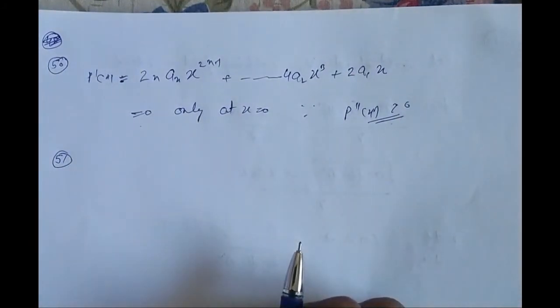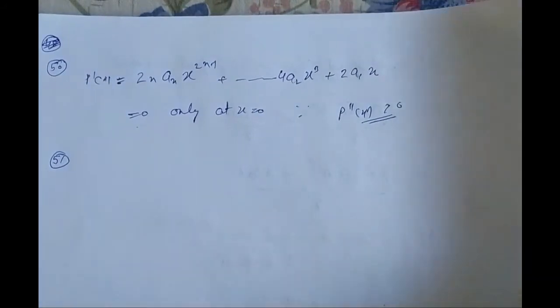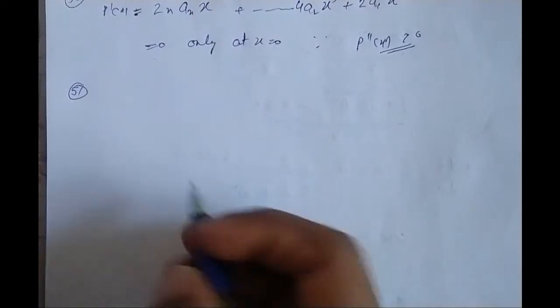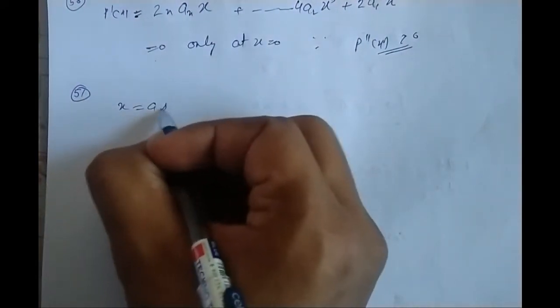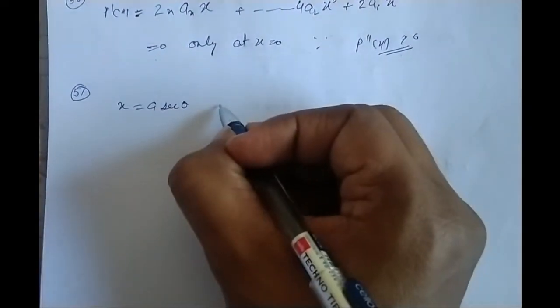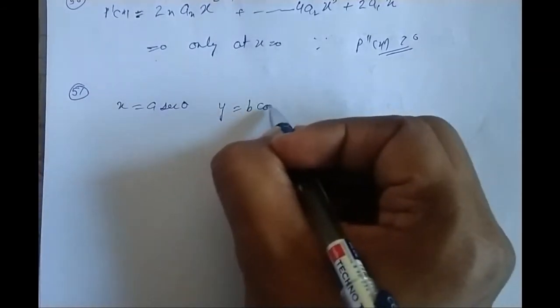The minimum radius vector of the curve is of the length. So let x is equal to a sec theta and y is equal to b cosec theta.